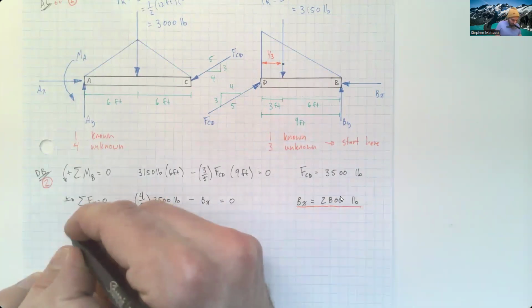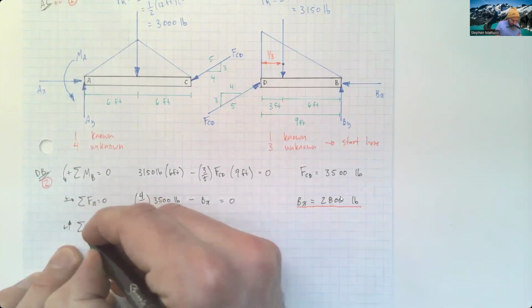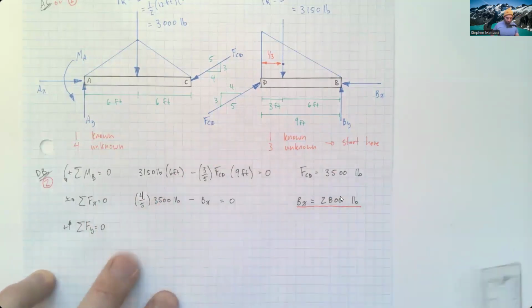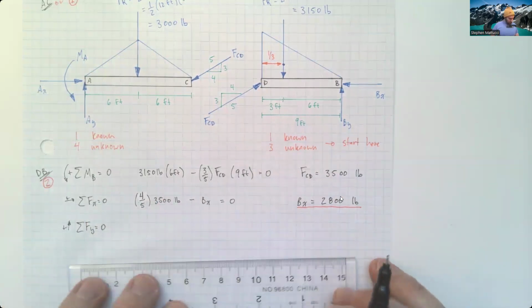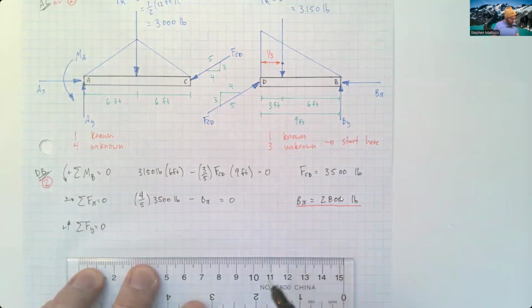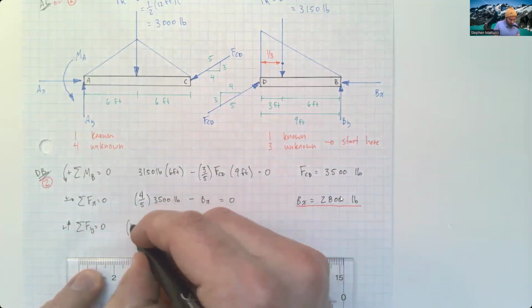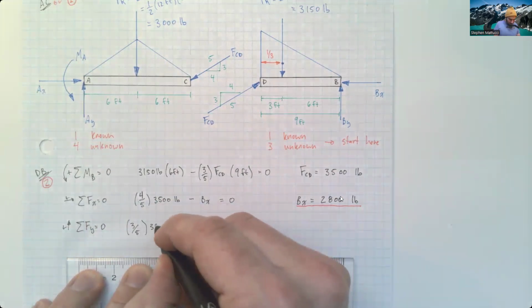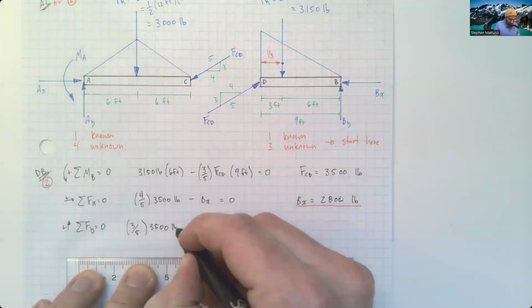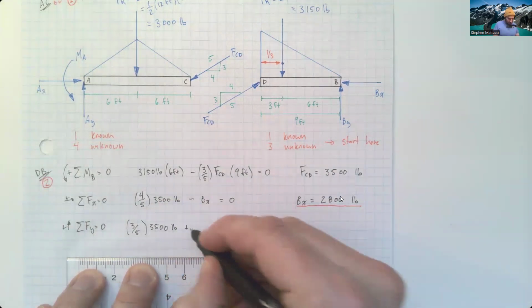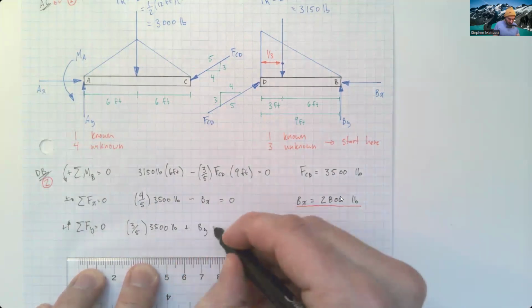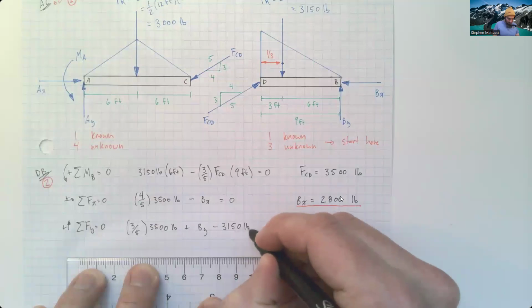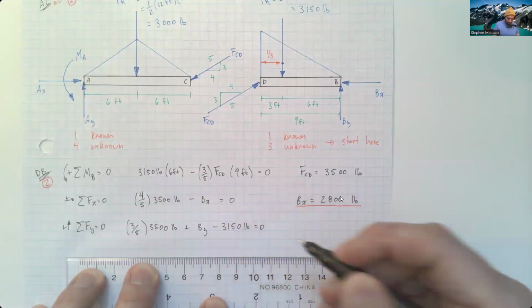Now we'll keep going. Sum of forces in the Y equals 0. Three over 5 times FCD, which is 3,500 pounds, plus BY minus our distributed load of 3,150 pounds equals 0.